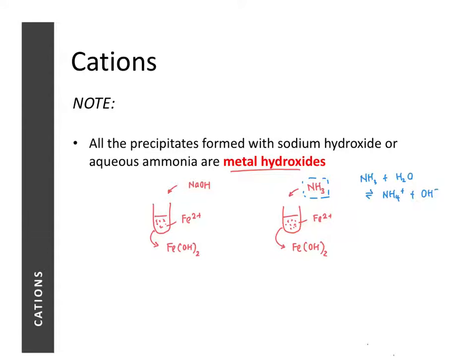Alright, so very importantly, remember that the precipitates that are formed in the test for cations are metal hydroxides.